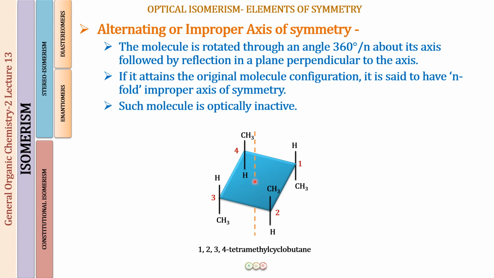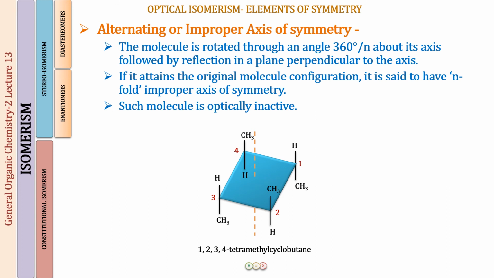If this is going to be the center, if I move from this CH3, I will be encountering a hydrogen over here, right? Similarly, if I start from this hydrogen, what will I be encountering? I will be encountering a CH3 over here. So this molecule does not have a center of symmetry. It has an axis of symmetry. It has a plane of symmetry along the diagonals.